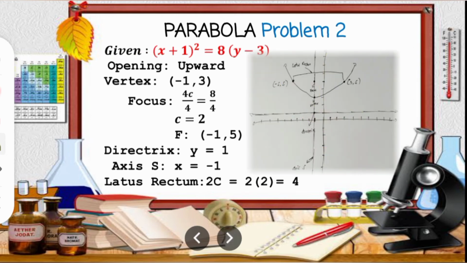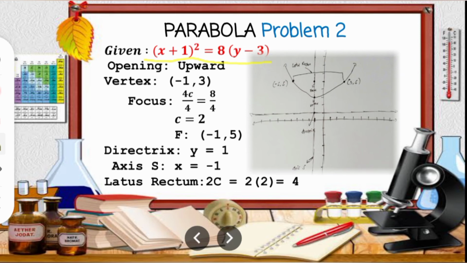Next, we have the second problem. Our given is (x plus 1) squared equals 8(y minus 3). Our opening is still upward.